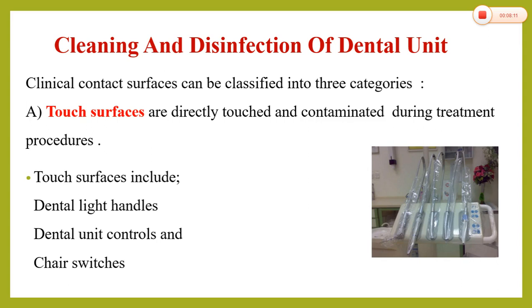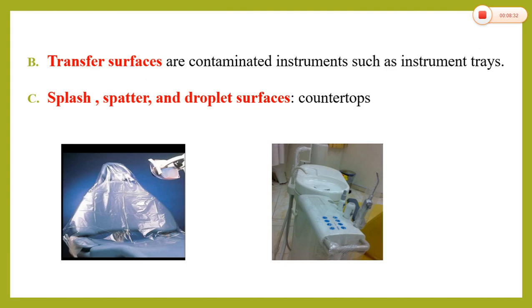Cleaning and disinfection of the dental unit. Clinical contact surfaces can be classified into 3 categories. Touch surfaces are directly touched and contaminated during the treatment procedures. Touch surfaces include dental light handles, dental unit controls, and chair switches. Transfer surfaces are contaminated instruments such as instrument trays.